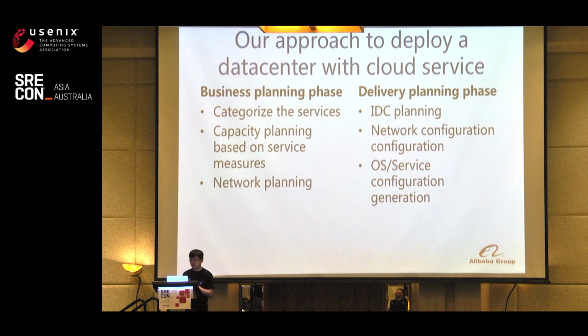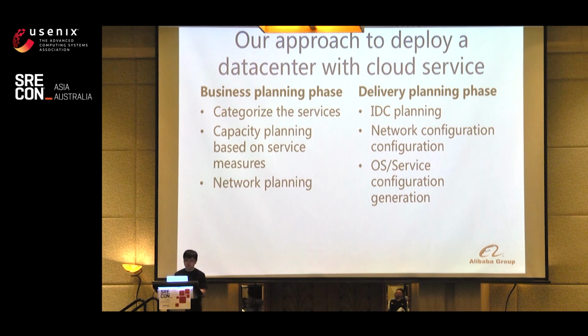And the delivery planning phase is more focused on the real world. We need to do IDC planning, which means we need to think about how much room we have in the data center, how to place the racks, and how we configure the network.